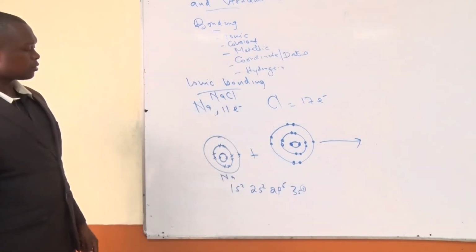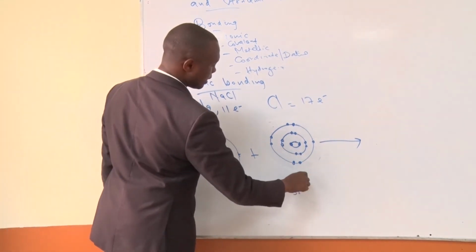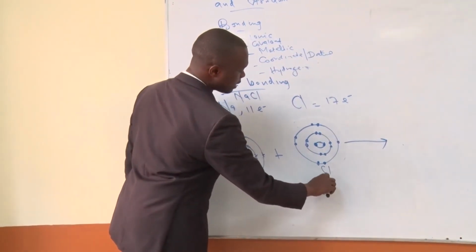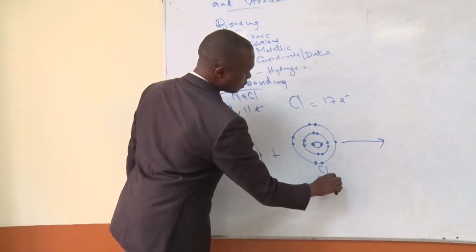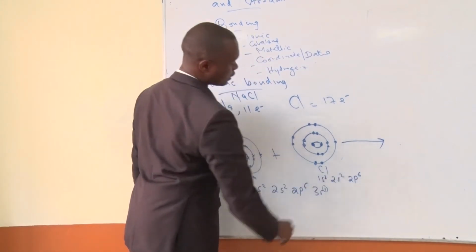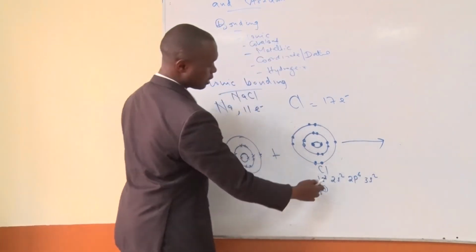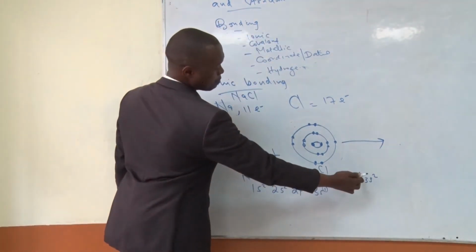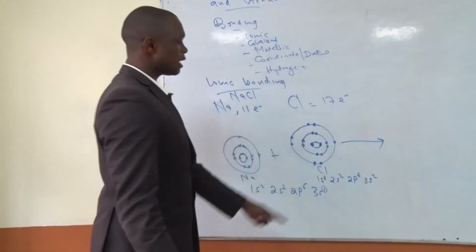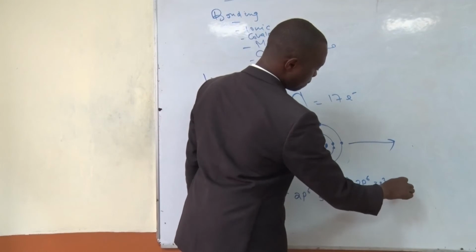If we were to do the configuration for the chlorine, we will have 1s2, 2s2, 2p6, a total of 10, 3s2, that is 12, and then 3p.